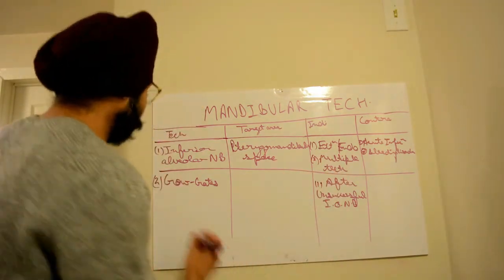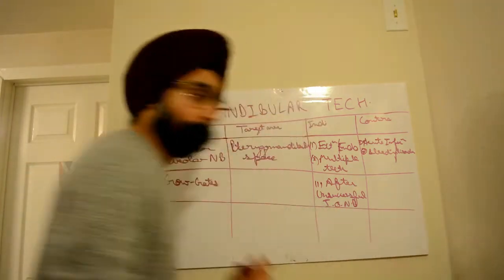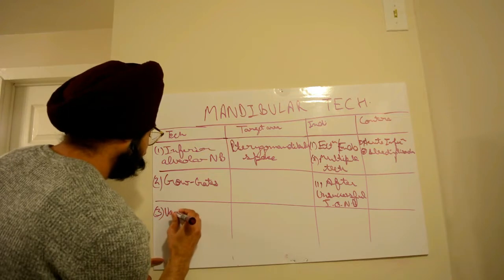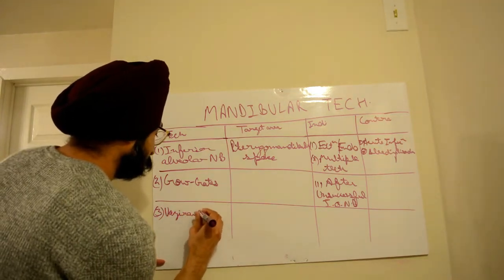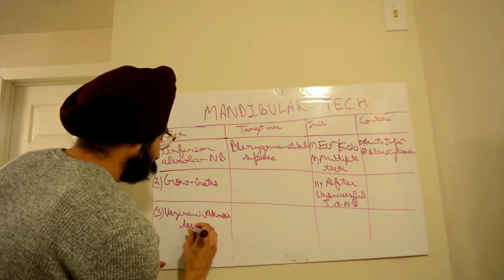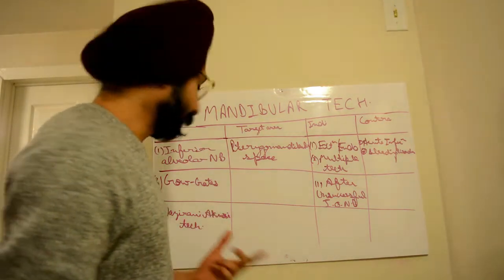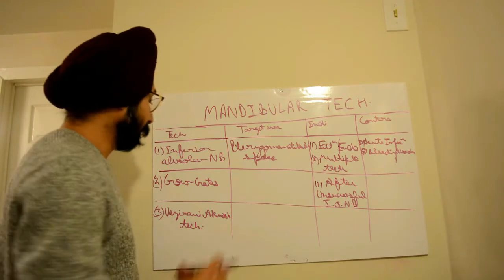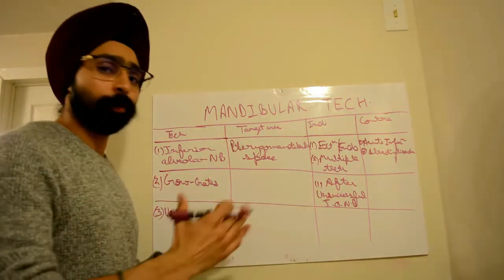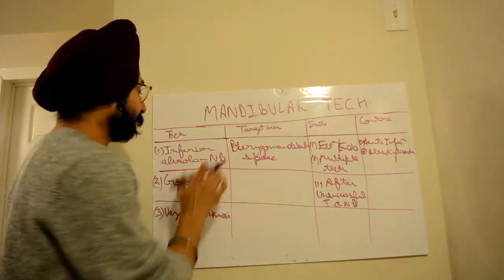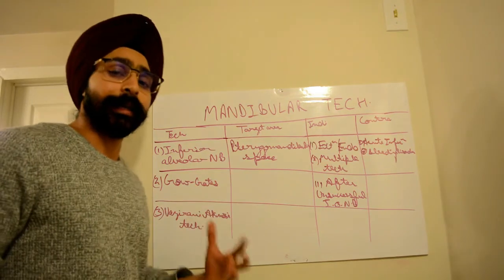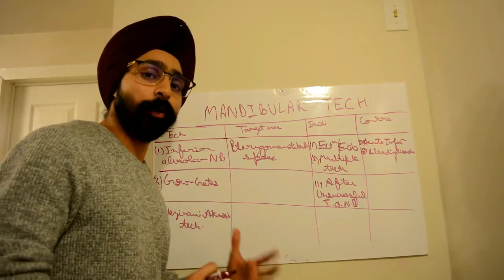The third technique is Vazirani-Akinosi technique. Before I discuss Vazirani-Akinosi technique, I forgot to tell you that in Gow-Gates technique, in addition to all of the area that is anesthetized with inferior alveolar nerve block, it also anesthetizes the area which is anesthetized by long buccal nerve block.